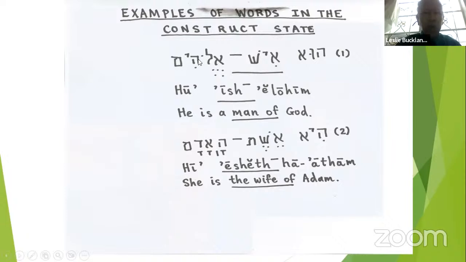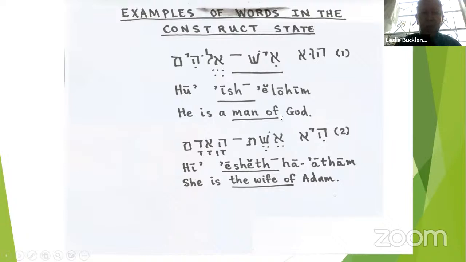This is the noun Elohim, which means God. And the line that is drawn here means that you have to put the word of before the noun that comes after the line. So I have hu ish Elohim, not just hu ish, not just he is a man, but hu ish Elohim, he is a man of God.